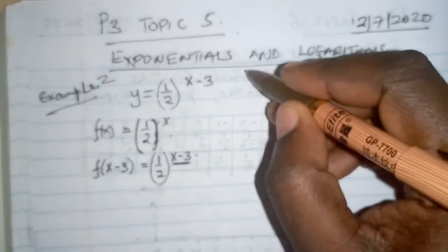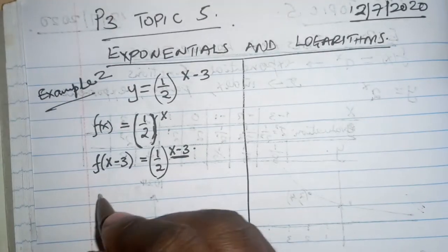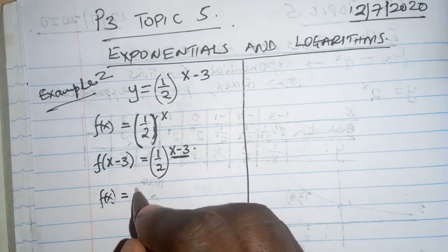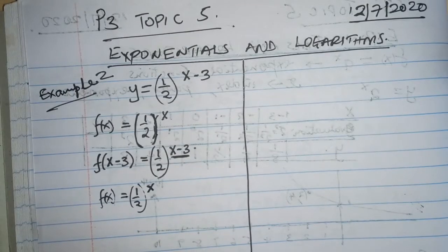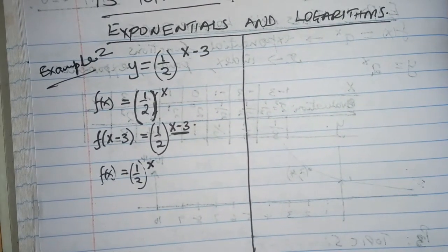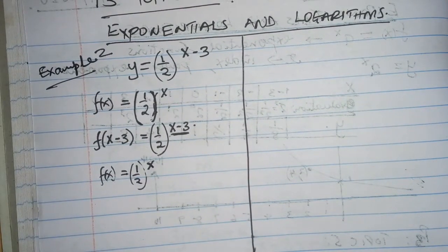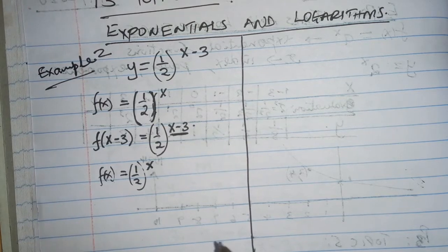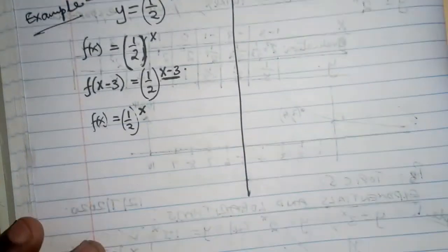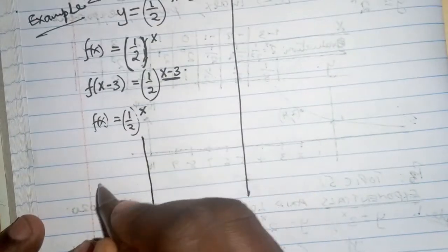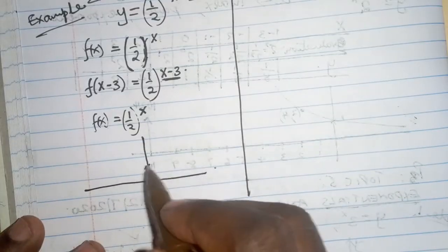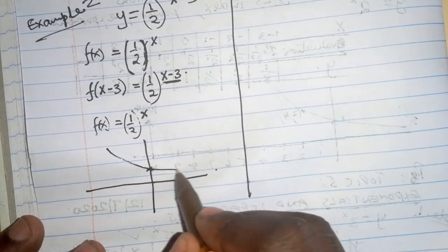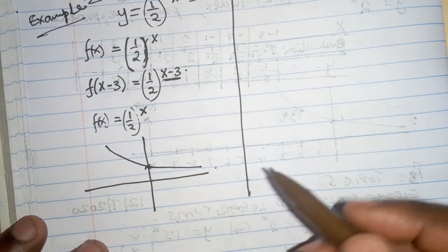And where am I coming from? You realize that if f(x) was a half raised to power x, we had a graph that looked like this, as in the previous example.